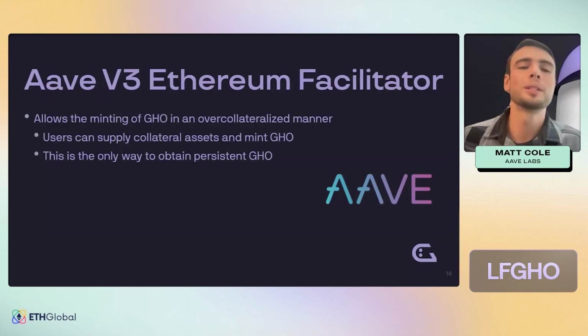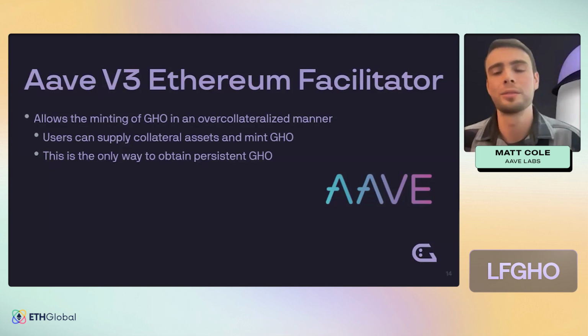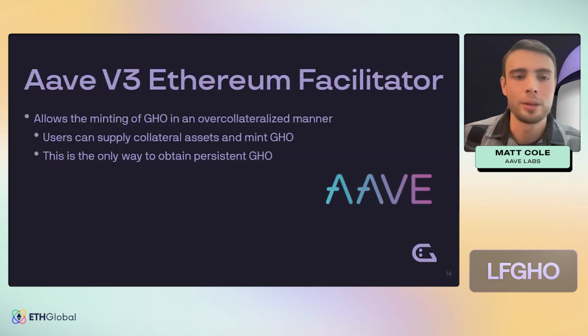So if we're building any protocol or interface that gives information about Go, or is informing a user on whether they want to borrow Go or otherwise obtain it, it might be pretty important to really understand Aave v3 as a whole, but also the Aave v3 data, because there are a lot of moving parts with Aave.